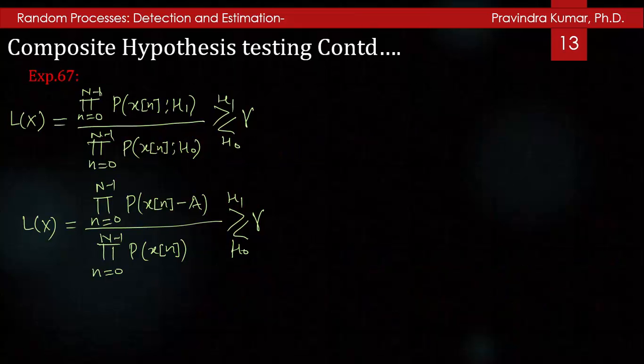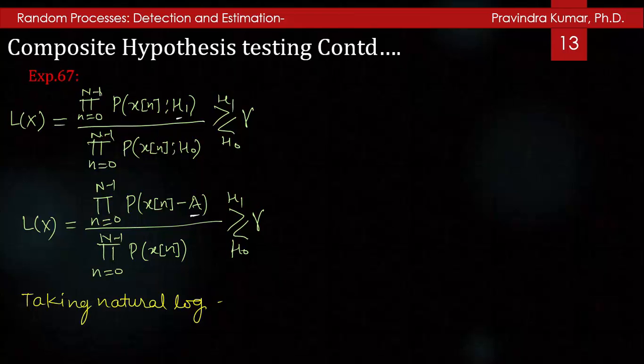So you can write it as, under hypothesis H1, the product n equal 0 to N minus 1 of p(x[n] minus A) divided by the product n equal 0 to N minus 1 of p(x[n]), greater than or less than gamma.